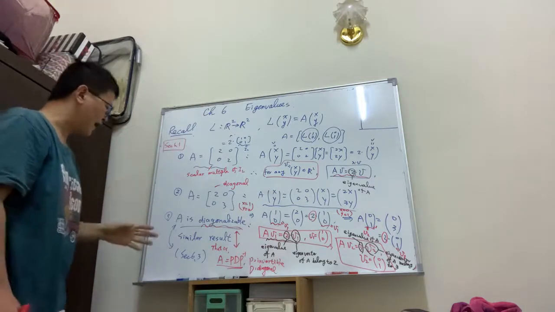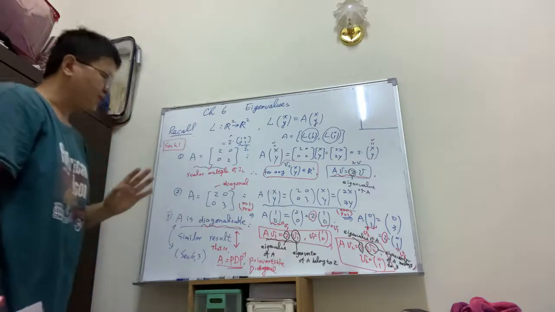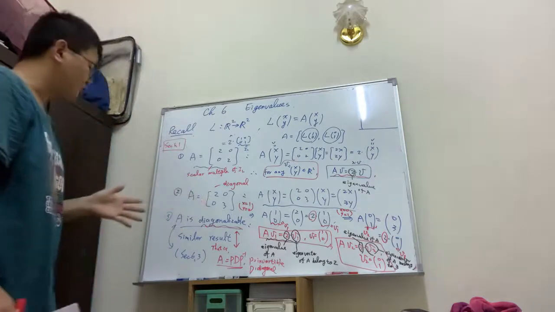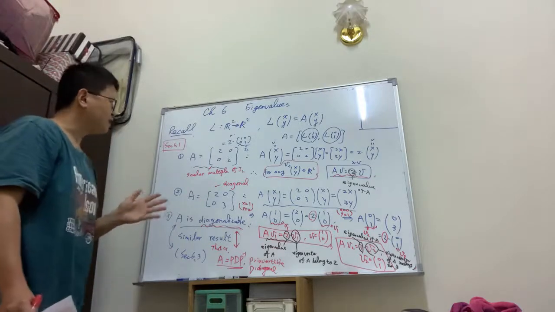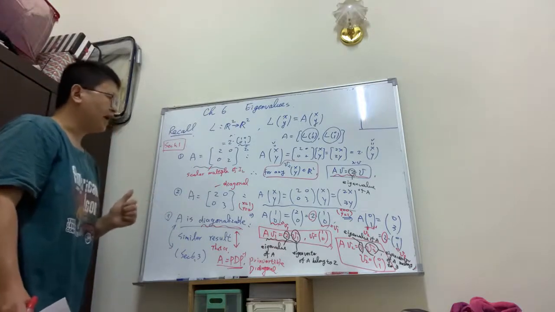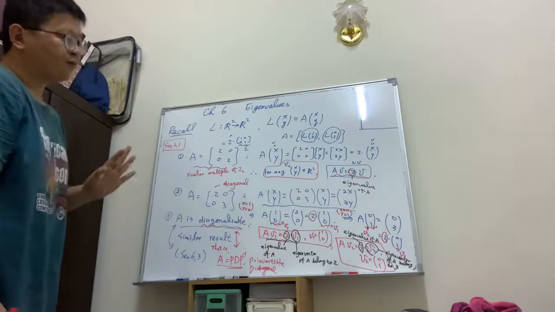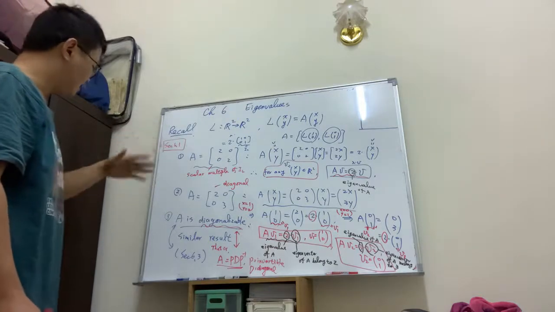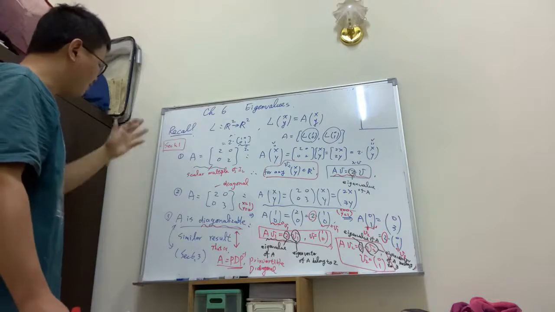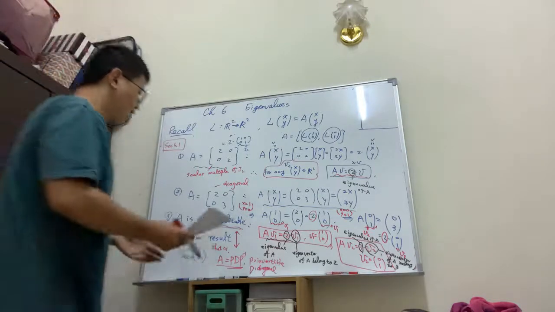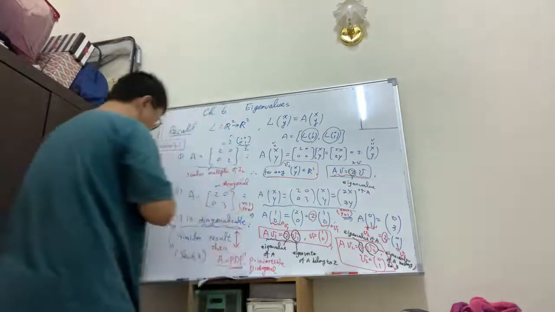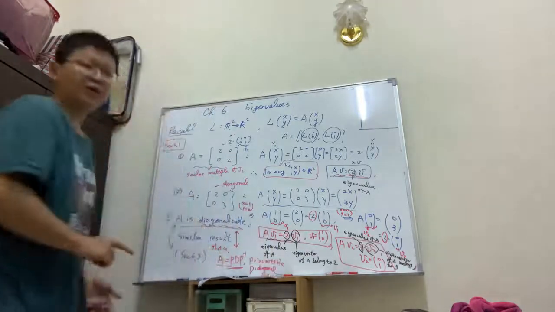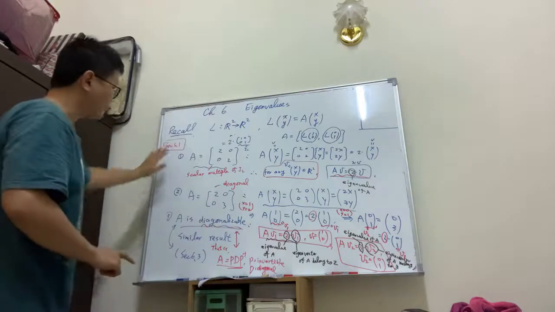After that, I could give you the application in differential equations, which is the material in section 6.2. Probably we don't have too much time, so I will teach the material following this order.